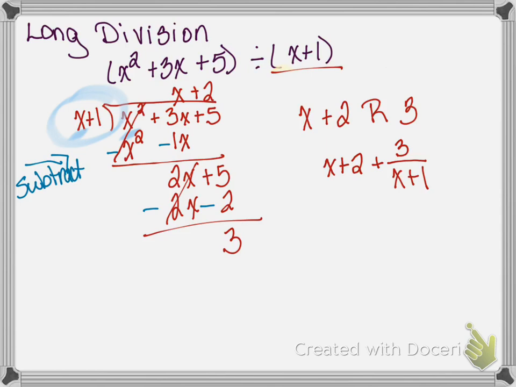Evenly. Okay? I get a whole number, an integer, it goes in evenly. The same is true here. I didn't get a 0. So what that means is my x plus 1 doesn't go into x squared plus 3x plus 5 evenly.